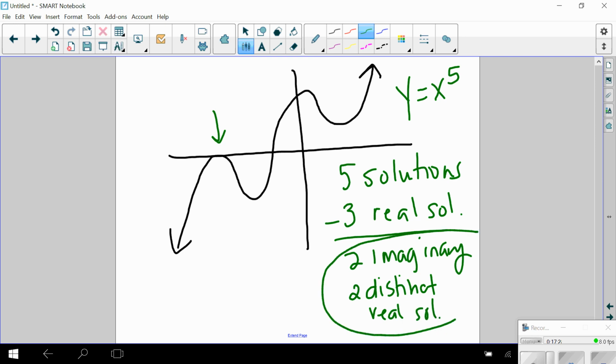And that's what you would say. Of those 5 solutions, 2 are imaginary, and I have 2 distinct real solutions, because we know that this one right here has a multiplicity of 2, so it counts for 2 real solutions.